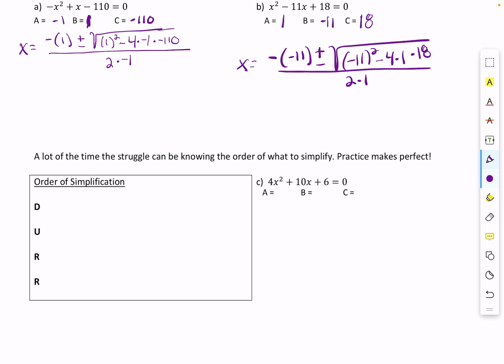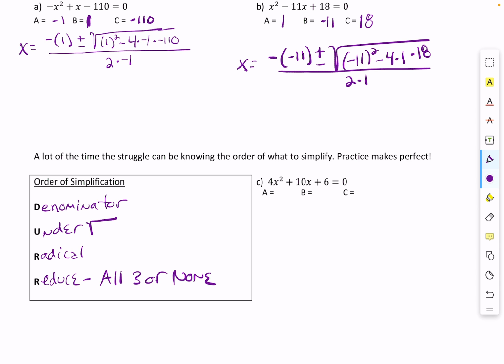Okay, so first thing you always want to simplify is your denominator. Then under your radical, under your square root, then your radical, then reduce, and then it should have an S. Split and simplify.